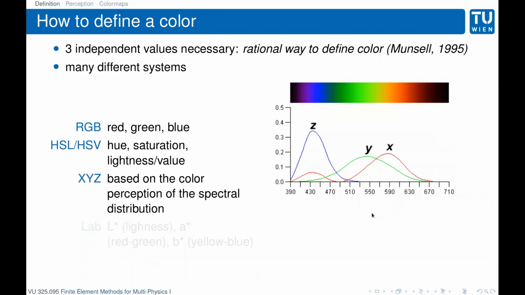You can also use the XYZ color system, where you sort the colors depending on the wavelength, and then you basically distribute how much of red, green, or blue is in this color.